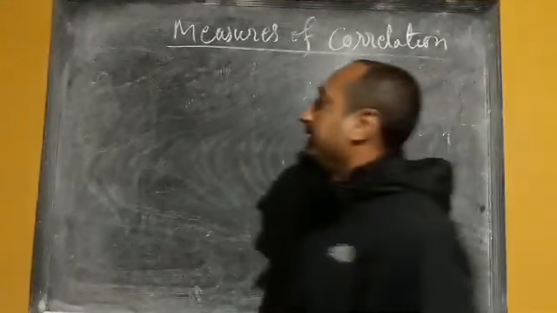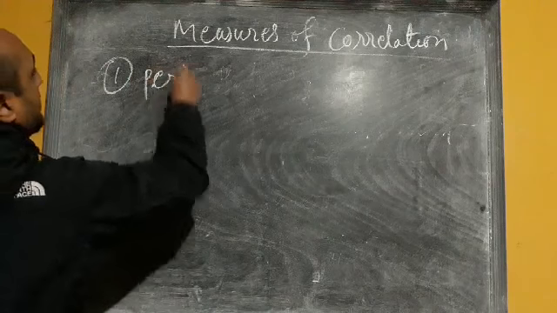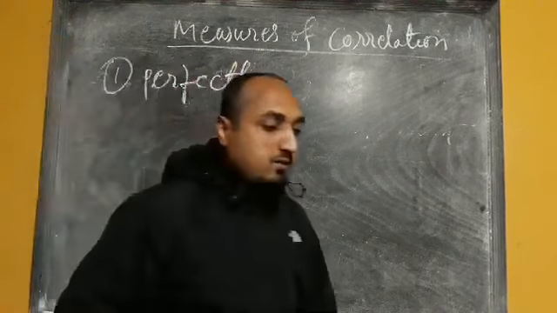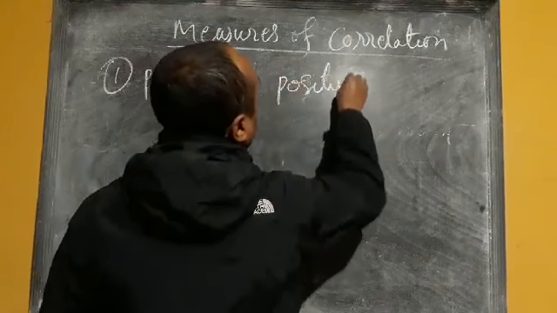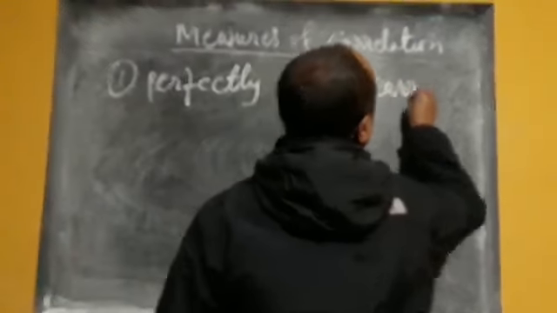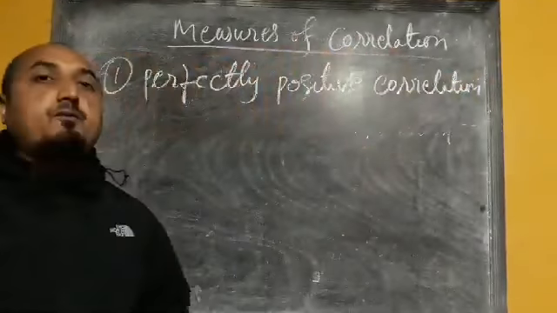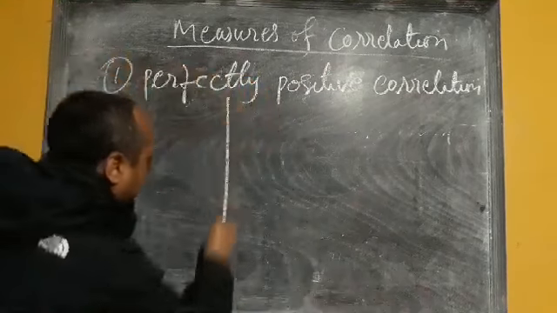So the first one we have is perfectly positive correlation. In the case of perfectly positive correlation, I will explain with the help of this graph.